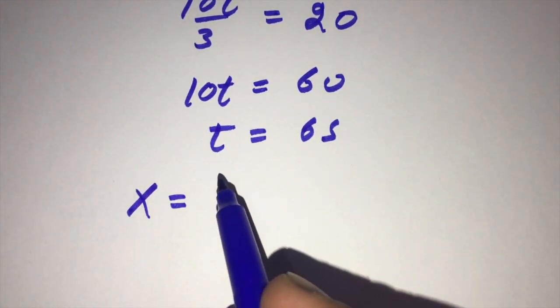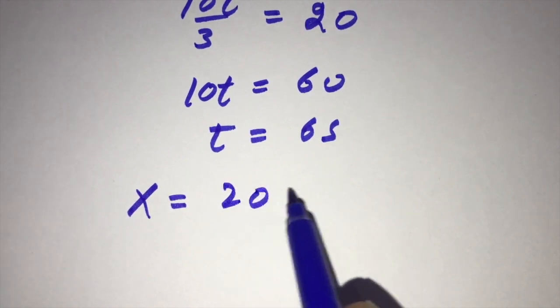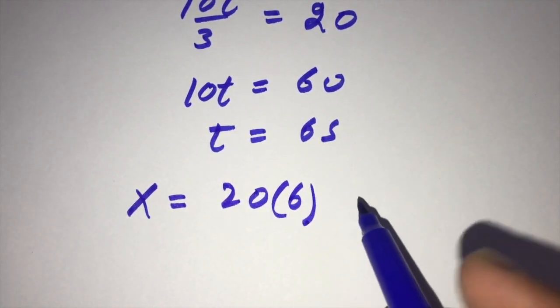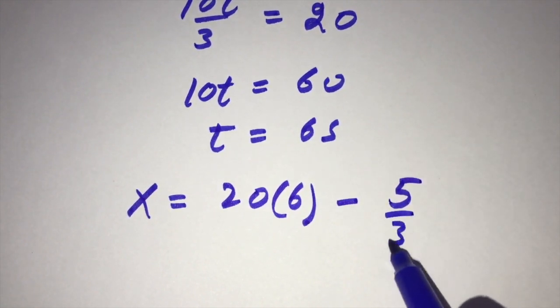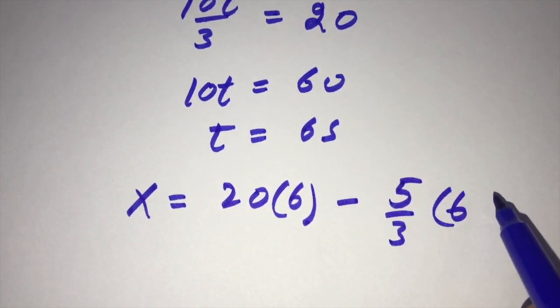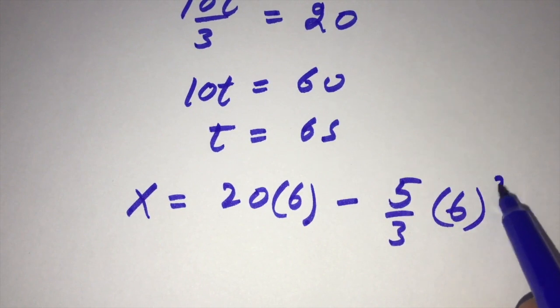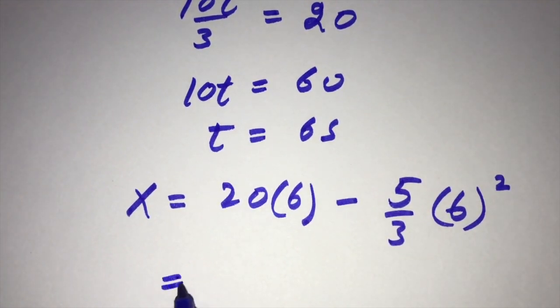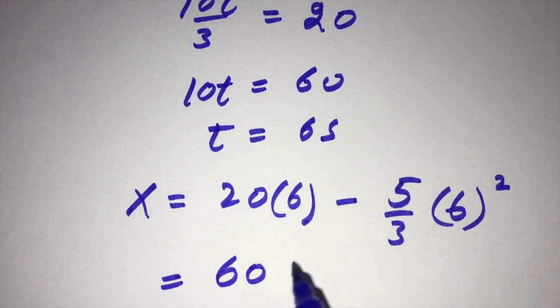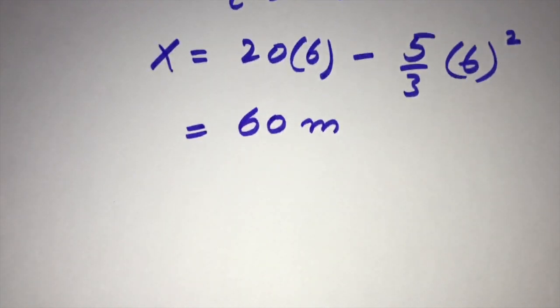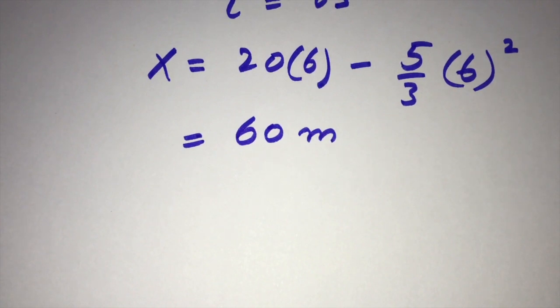So x is equal to 20 into 6 minus 5 by 3 into 6 whole square. Now it is equal to 60. This is 60 meter, because it is given in the question that the displacement is in meters.